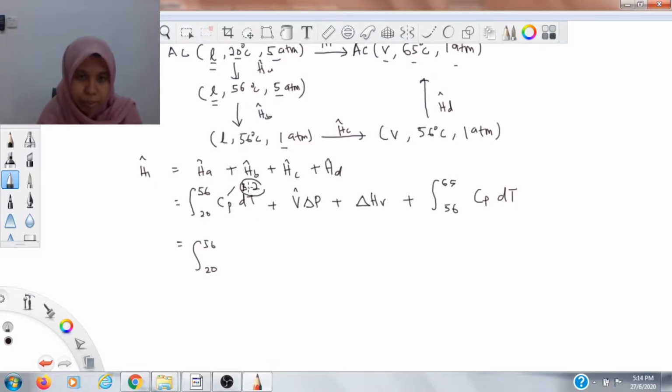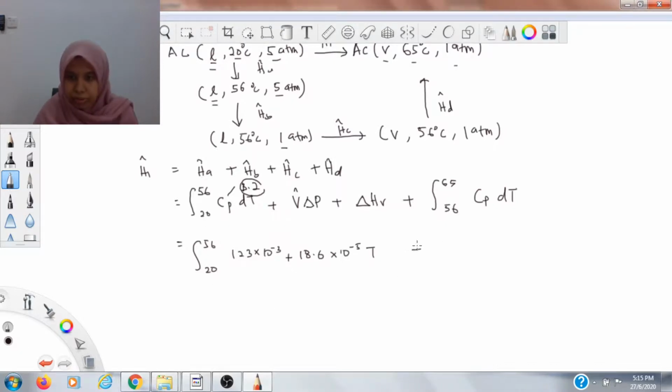In table B2 there are 2 rows for acetone, one liquid and another vapor. So choose the liquid one, where the value will be 123 times 10 to the power of negative 3 plus 18.6 times 10 to the power of negative 5 T. This is how you write down the value from table B2. This is for HA.